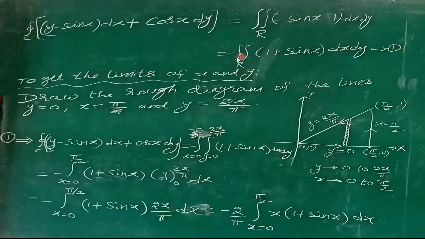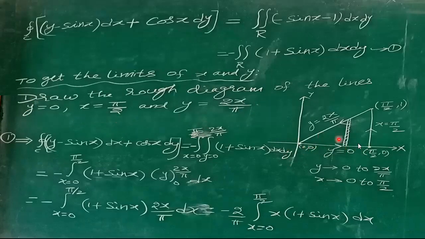Now we have to find the region, meaning the limits of x and y. To find the limits of x and y, we consider the rough diagram of the given curves. The given curves are y equals 0, x equals pi by 2 and y equals 2 by pi into x. Y equals 0 means the x axis.